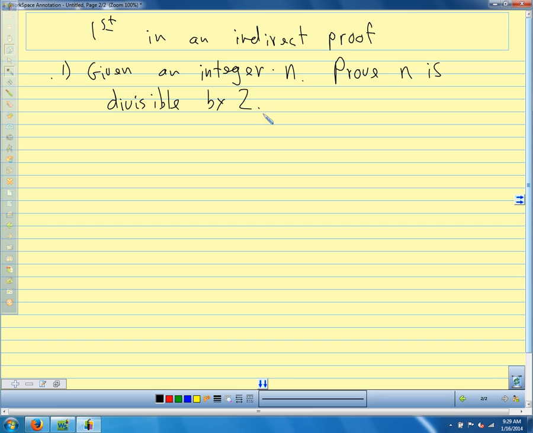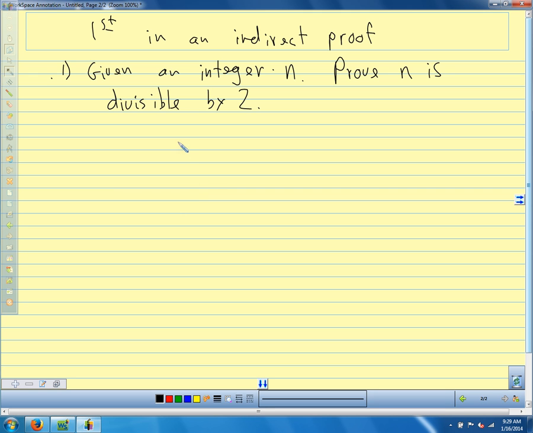We just want to figure out what would be our first step in an indirect proof. So if we want to prove that n is divisible by 2, what would we assume? We would want to assume the opposite. So what did you say then?